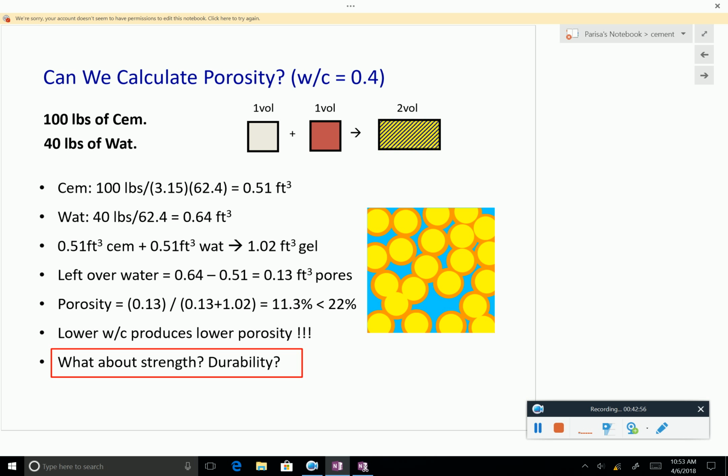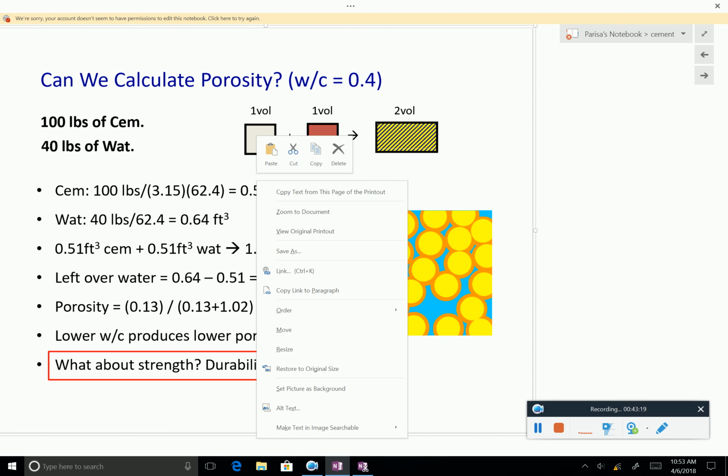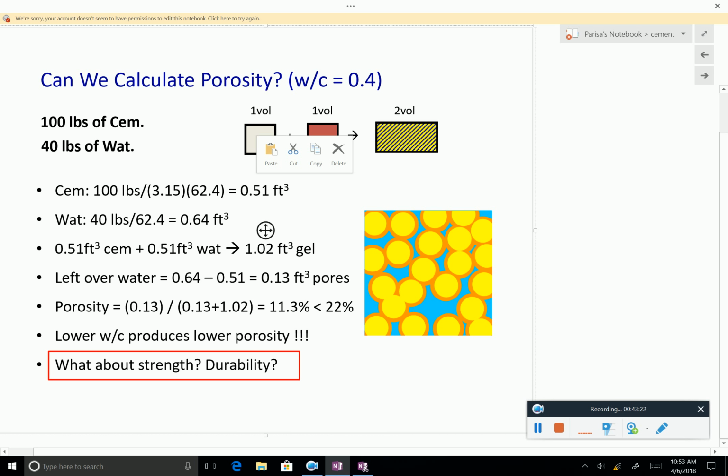But if you know the water to cement ratio, you can just assume that you have 1,000 of cement, and then you know what the amount of water is. Is this clear what I'm saying? You don't need to have those 100 pounds given. If the ratio is okay, that's what matters. Any questions about that?